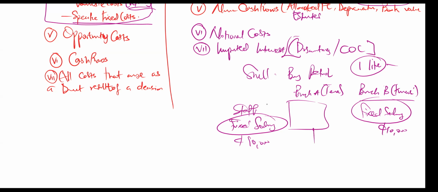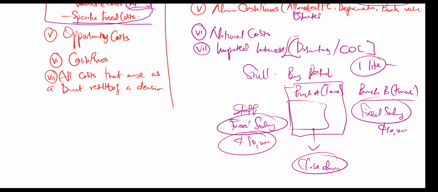Now, if I decide to close down branch A, would I still pay the workers 10,000 every month?